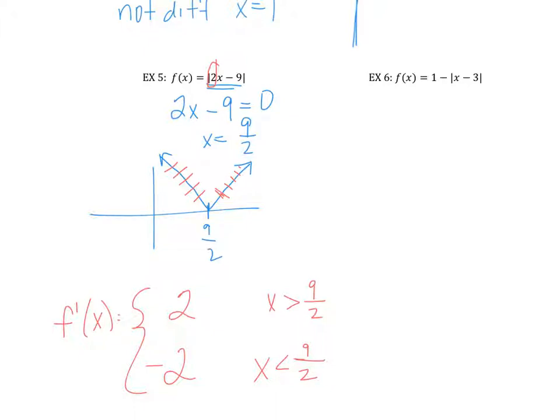Do I have to worry about putting an equal sign? I hope you know that, of course, you're not going to put that equal because the derivatives from the left and right are not the same, and I'm done. So you have to realize this number in front of the x is going to be the slope of the lines.